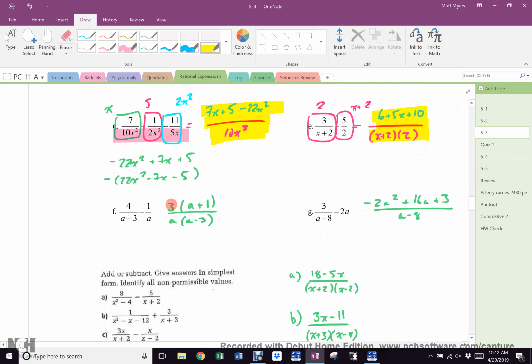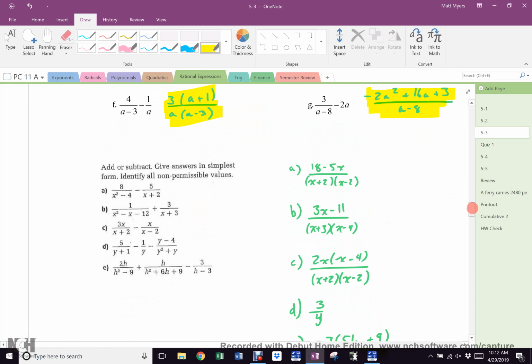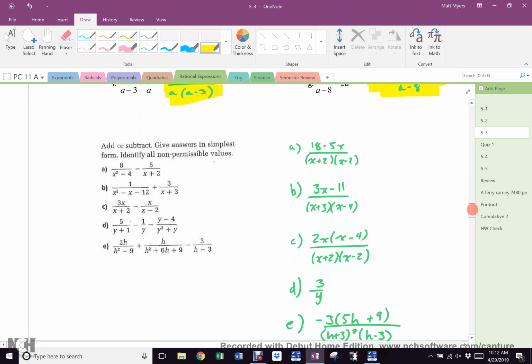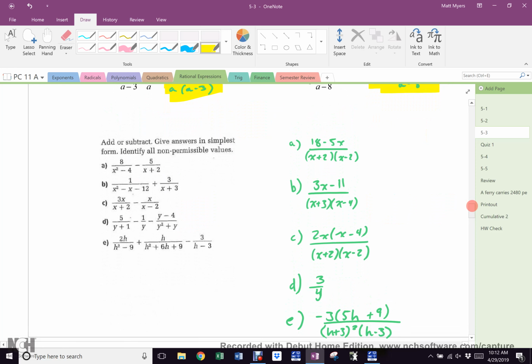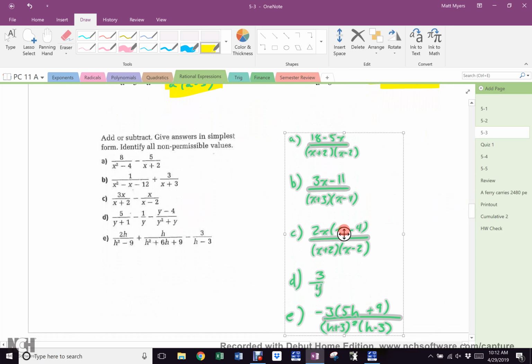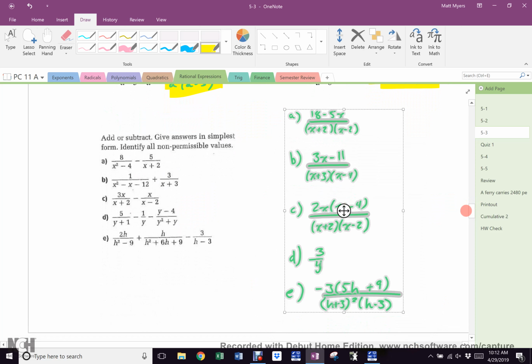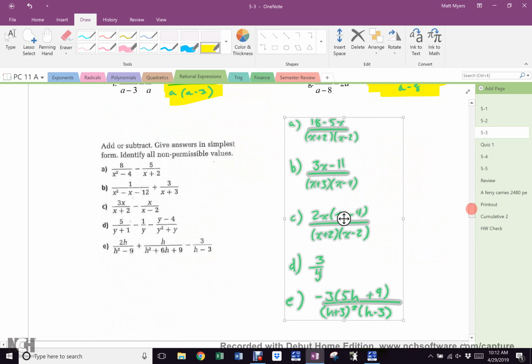There are the next two. And I will try. I can't quite squeeze all 5 on. Now I can.